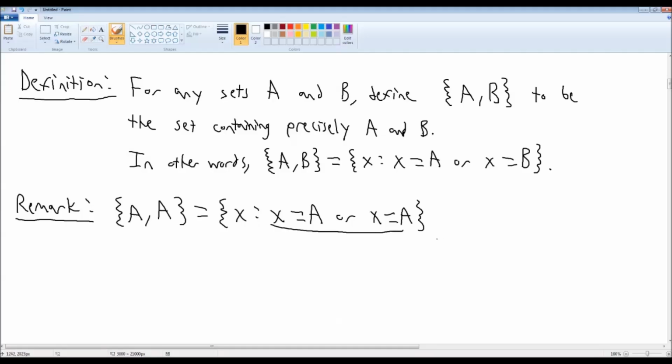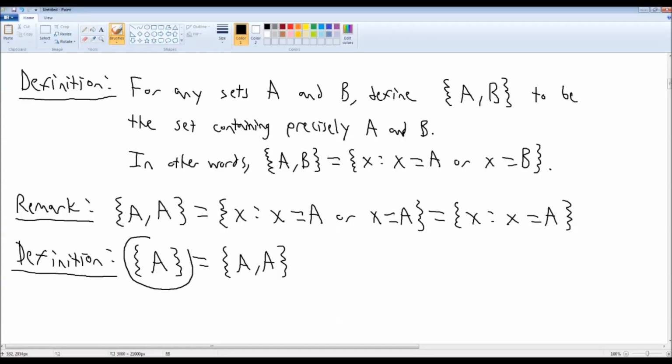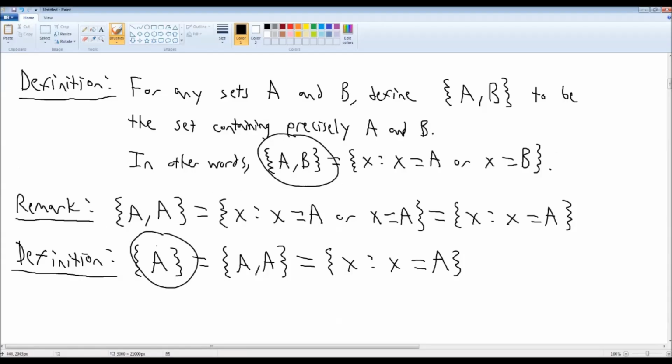If you're equal to A or you're equal to A, that's just the same as being equal to A. So this set is the same as the set of X such that X is equal to A. So this is a set with just one element, namely A. Therefore, we can define the singleton, the set containing just A, to be this, which can also be written like this. Okay, so that's one cool thing about the axiom of pairing: it allows us not only to form pairs like this, but singletons as well.